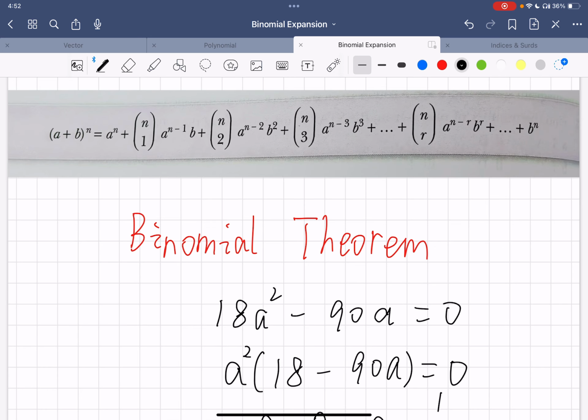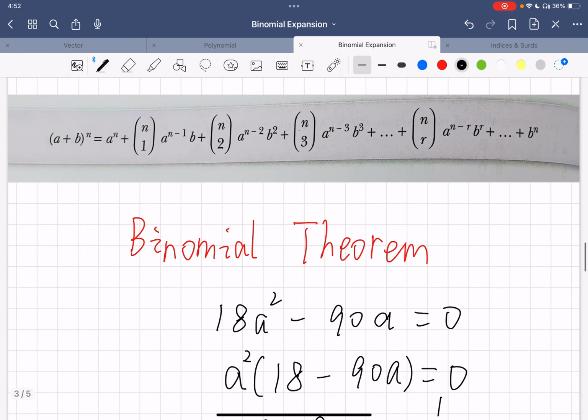Oops, sorry, it's my fault. It's called the binomial theorem. Okay, binomial theorem. So how can we use the binomial theorem to solve different expansions?